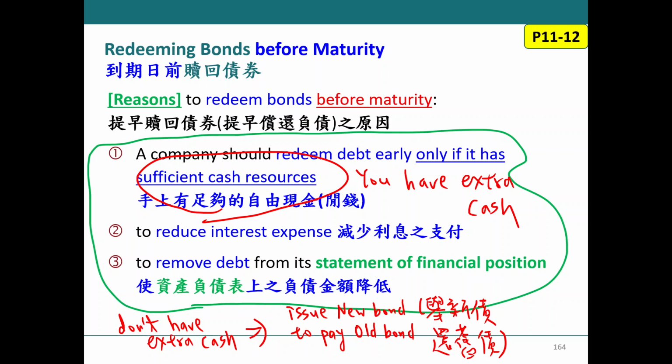Do you know my question? Do you know what market interest rate means? Cost of borrowing, 借贷成本. Market interest rate, 市场利率,借钱的代价。So when you want to issue the new bond to pay the old bond, it means your cost of borrowing is lower or higher today?